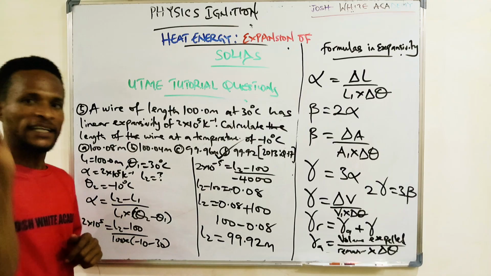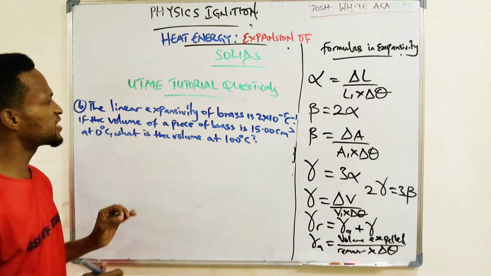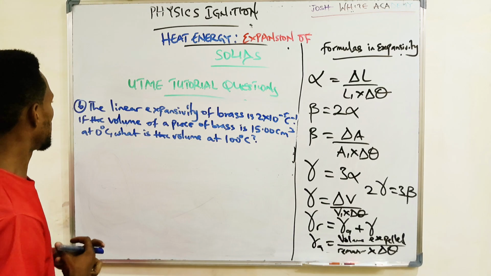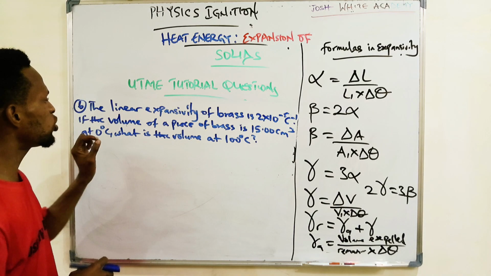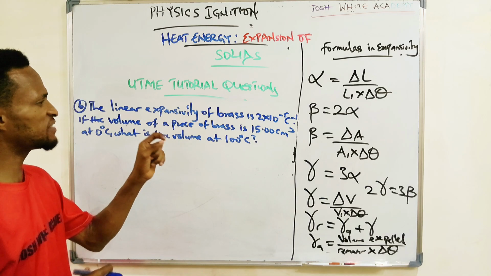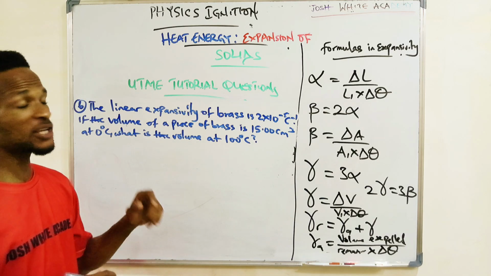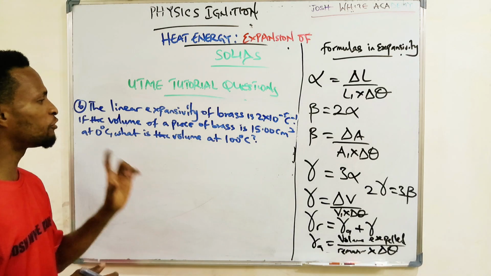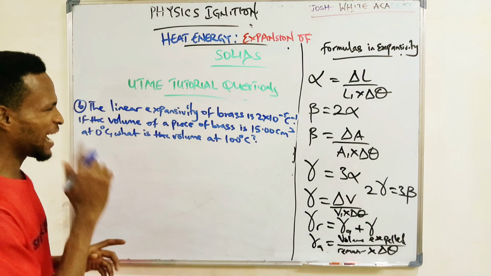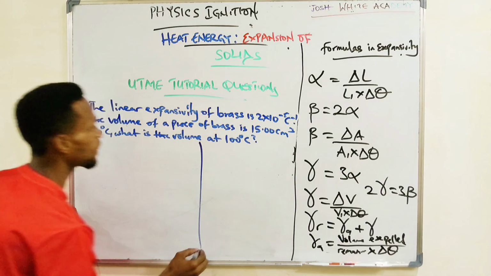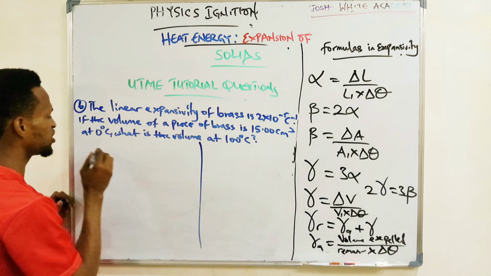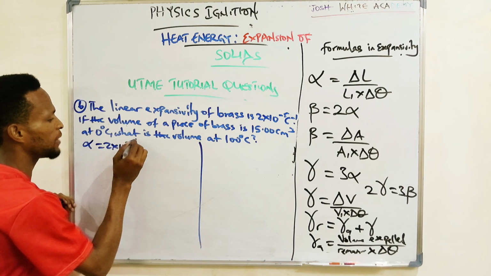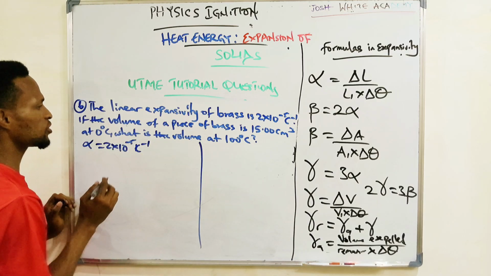So let's take the next question. The linear expansivity of brass is 2 exponential -5 per Celsius. If the volume of a piece of brass is 15.00 centimeters cubed at 0 degrees Celsius, what is the volume at 100 degrees Celsius? Our data: the linear expansivity of brass is 2 exponential -5 per Celsius.